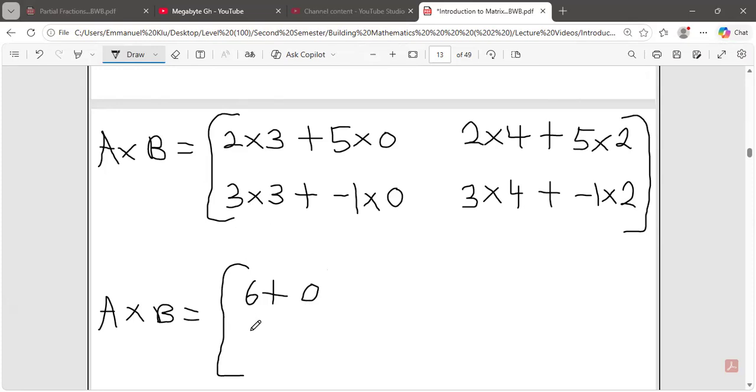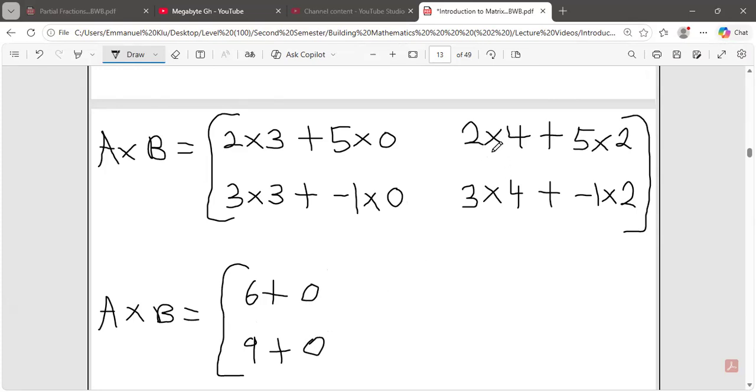Then 3 times 3 is 9, plus negative 1 times 0 is still 0. Better still, you can use your calculator to confirm the answer. As simple as ABC.